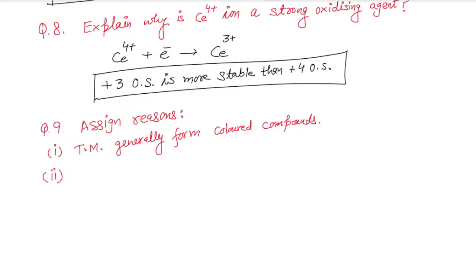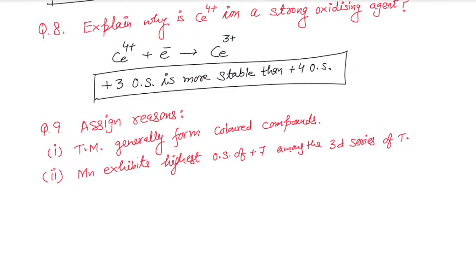And second, manganese exhibits the highest oxidation state of +7 among the 3d series of transition elements. Yes, tell me.